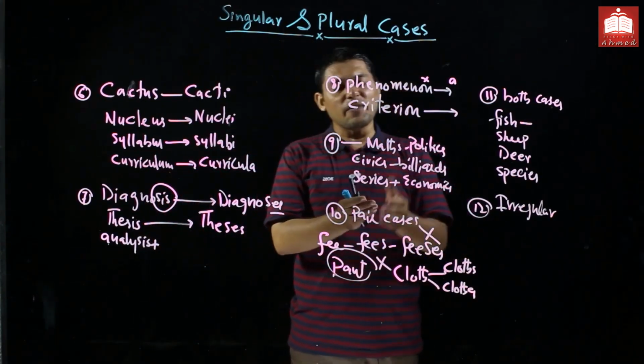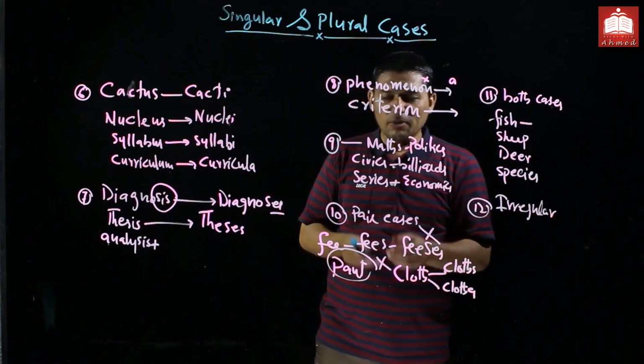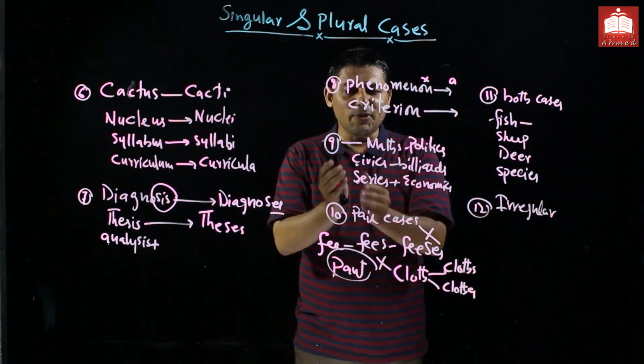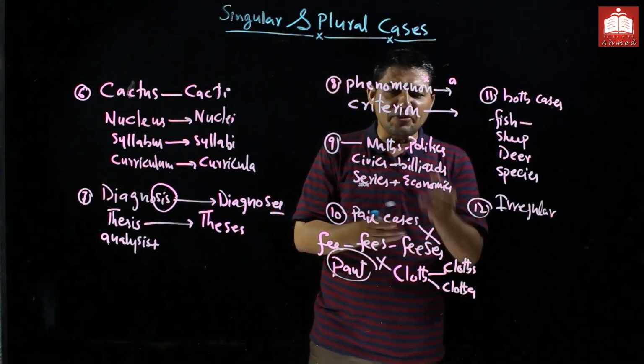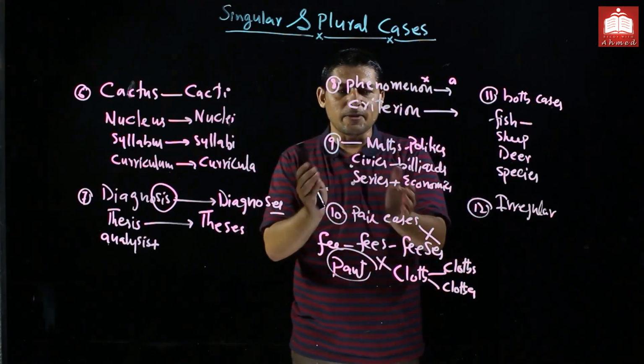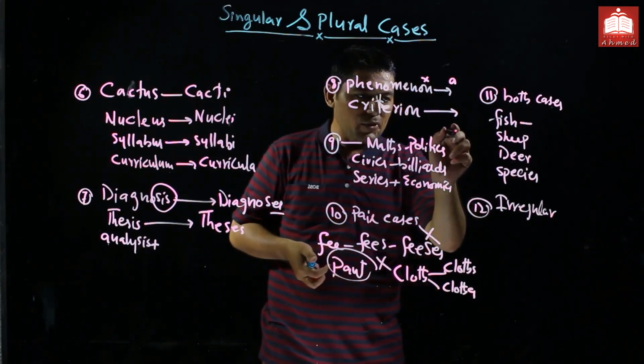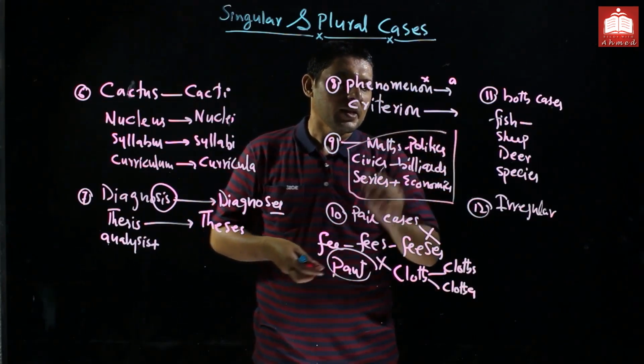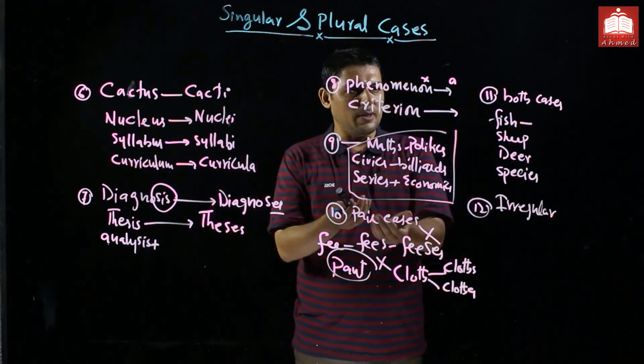Apart from these, we have more examples. So do not confuse yourself. If you have S at the end of any noun, it doesn't mean it is a plural form. You will see the sense of the word. So we have a list in which you have S, but always singular form.